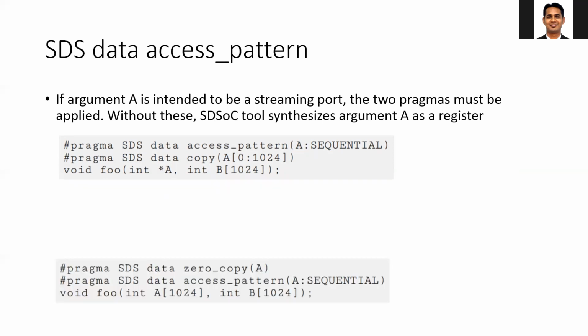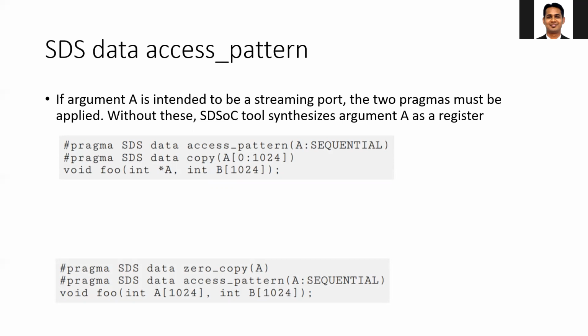Another case: I have the function where both inputs are vectors of size 1024, and I'm using the data zero copy on A. When I use the data zero copy on A, there will be a memory mapped port on the IP, indicating that the IP has to copy the data from the corresponding location using the memory map. So why do we need to know about the access pattern?